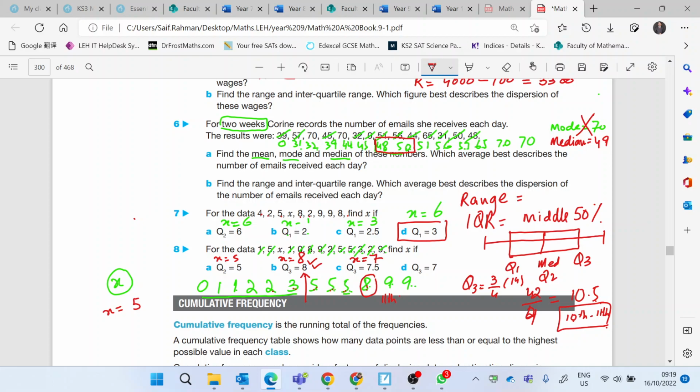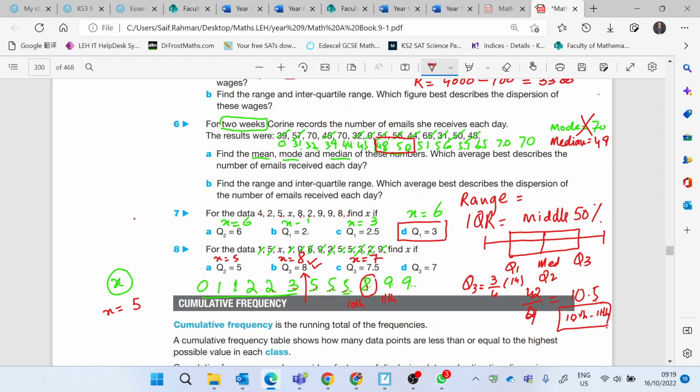We need to find what the 10th value should be, which will give us an average of 7.